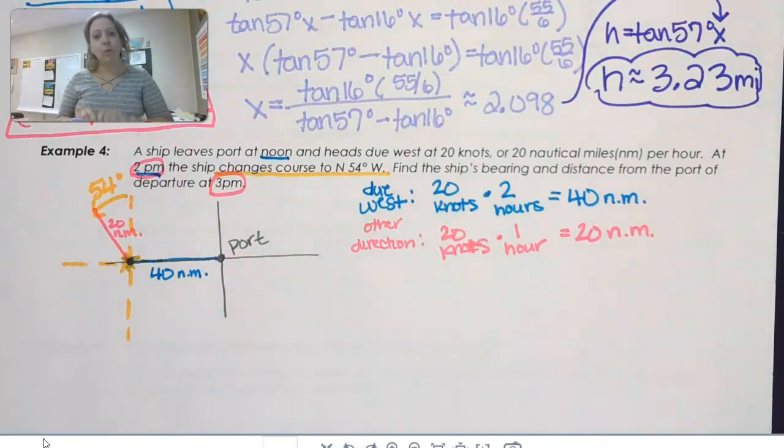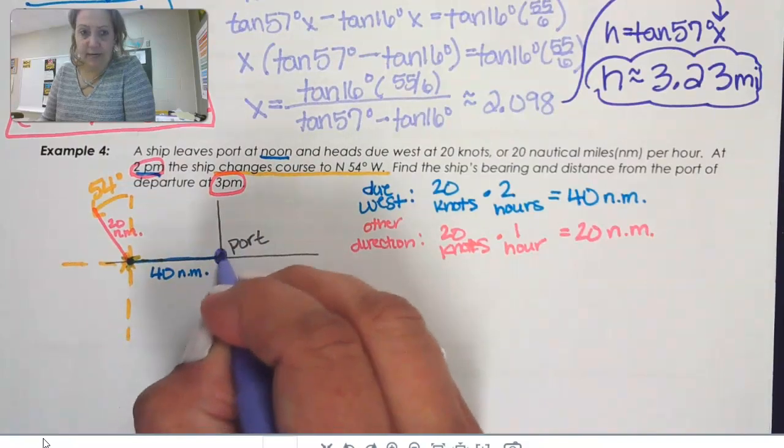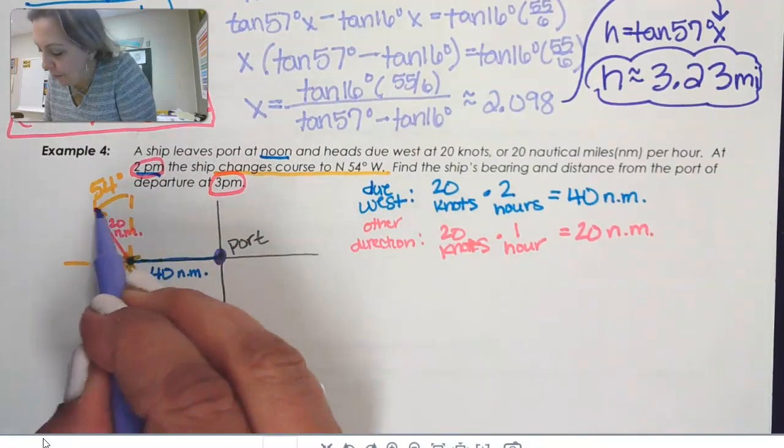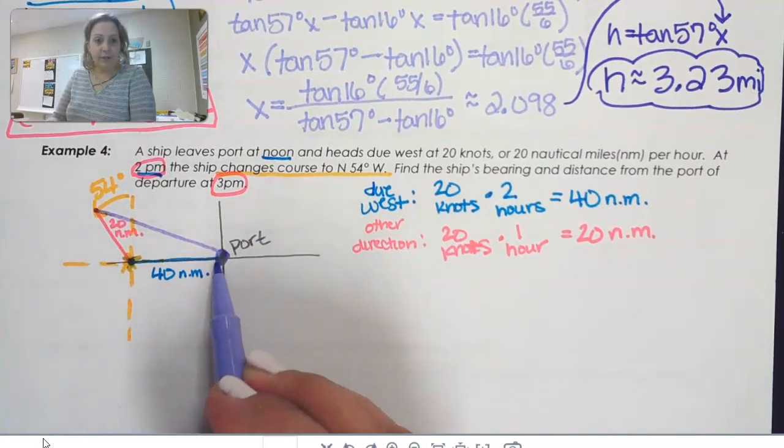And what the question wants is the ship's bearing and distance from the port of departure at 3 p.m. So this was the port, and we want to find out the distance and bearing from the port of departure.